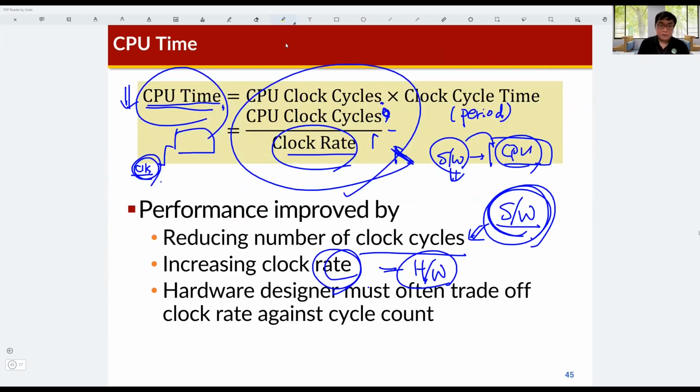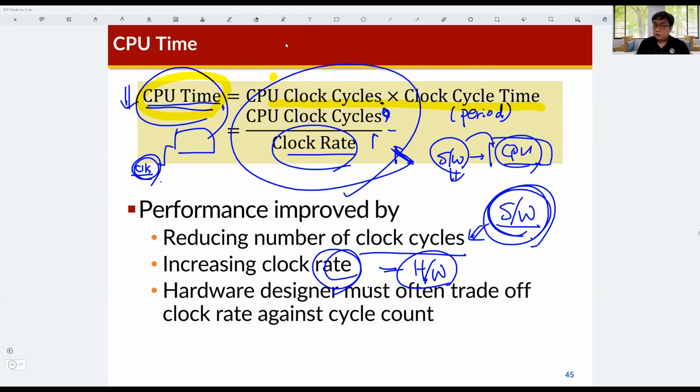The CPU time is just the execution time. That means the response time. Okay, so this is the equation of the CPU time. It's the CPU clock cycles to execute a certain application, multiplied by clock cycle time.